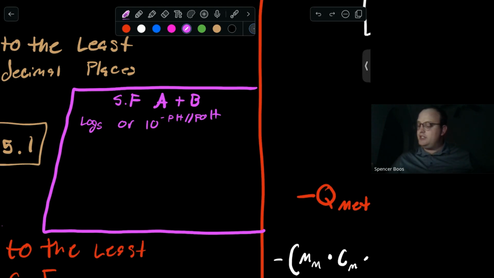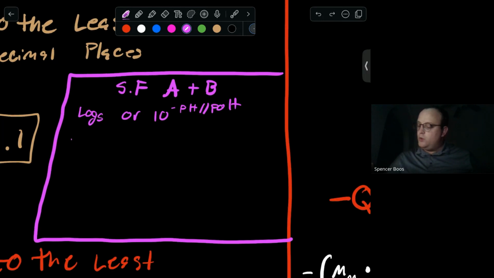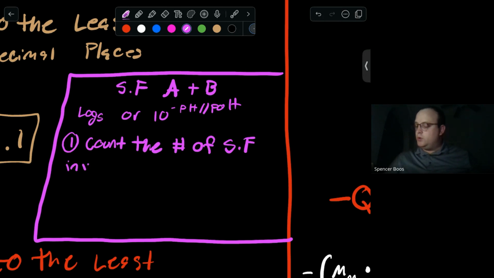So your first step for these is to count the number of sig figs in your number.